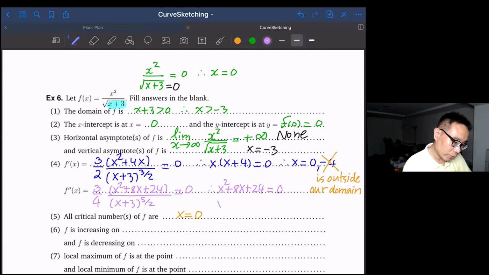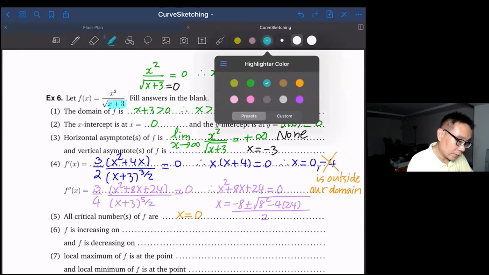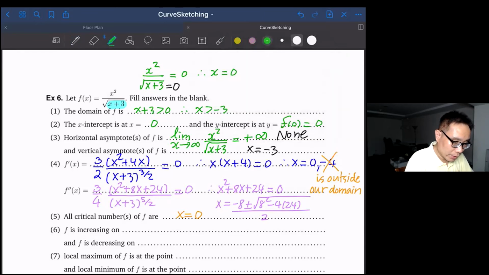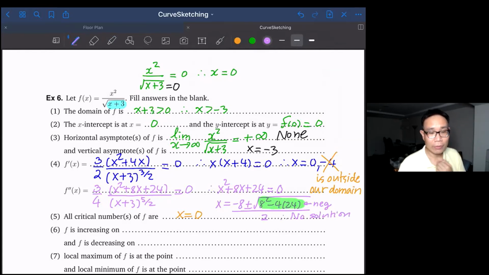And you may just use the quadratic formula. So you have negative 8 plus or minus the square root of b squared minus 4ac, over 2a. And you see that the thing that sits inside the square root turned out to be negative. Okay, so in this case, no solution. So we have no inflection point.